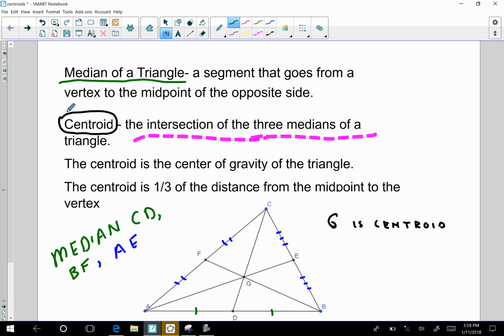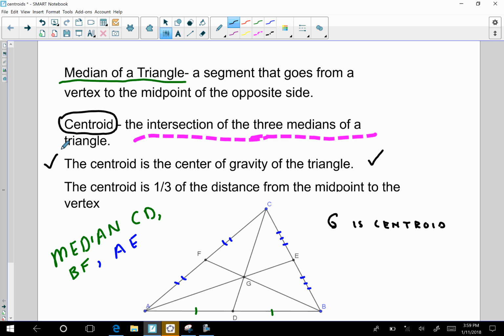We have a project about the centroid. The centroid is the center of gravity of the triangle. That's a very important aspect of the centroid. So this we talked about recently.